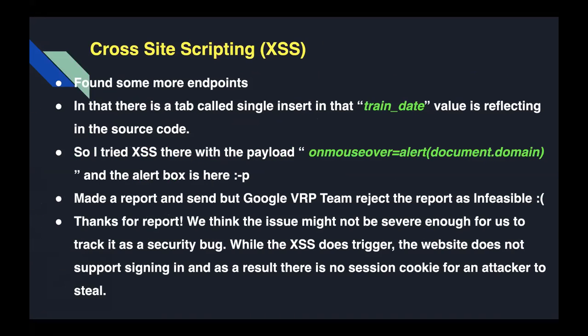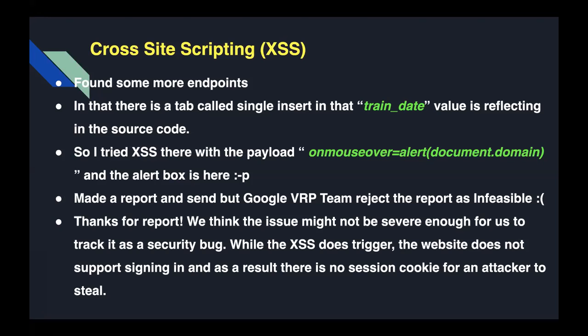I didn't stop there. I did some more recon and found some more endpoints. One endpoint was called train_date, with a single insert, and a parameter called train date, and the value of the train date was reflecting in the source code.